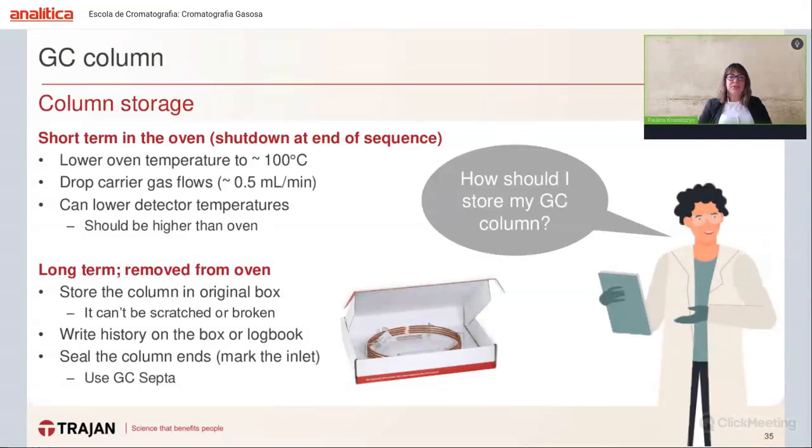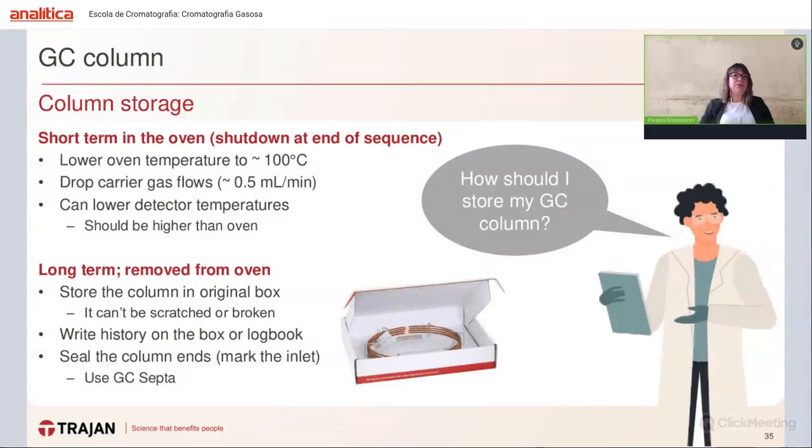But for long-term storage, when we remove the column from our oven, if we want to use this column again, we should store the column in the original box. So this is the best way to protect our columns from scratching or breaking. We should write the history on the box, how our column was used and for how long, or in a logbook, if we do have a logbook for the columns.